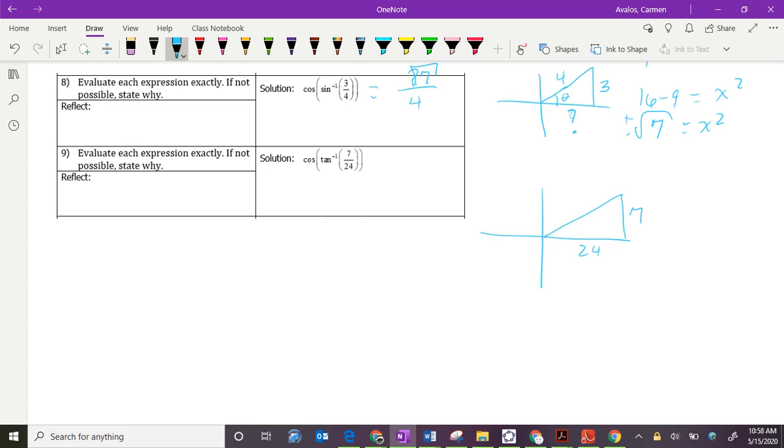That's why we get the square root of 7 over 4. In this case, I have the 7 and the 24, and I know that the other one is going to be 25 because those are the Pythagorean triples there. And so I want to find the cosine of this angle. The cosine of that angle is going to be 24 over 25, and that's how you solve that. Very good.